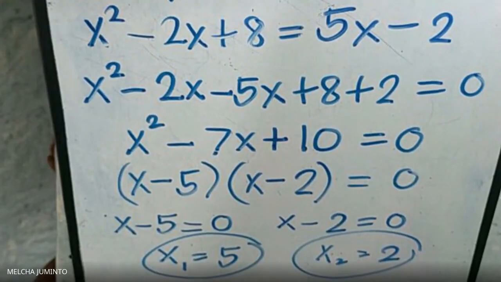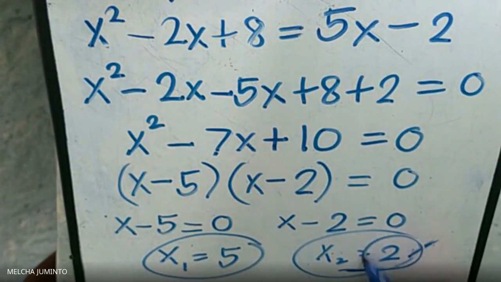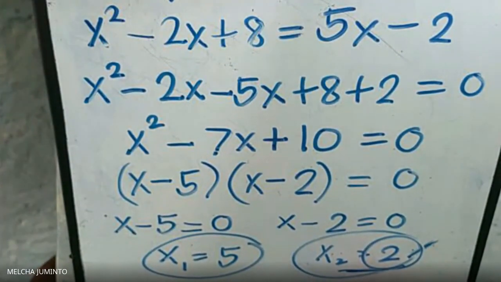Okay, so those are some examples of how we solve. Now take note of the term extraneous root or solution. Take note of this answer too. This one. We consider this as extraneous root. Why?